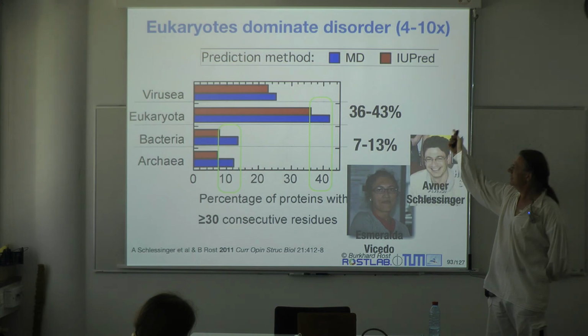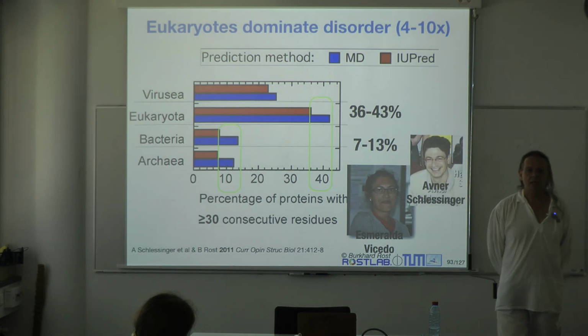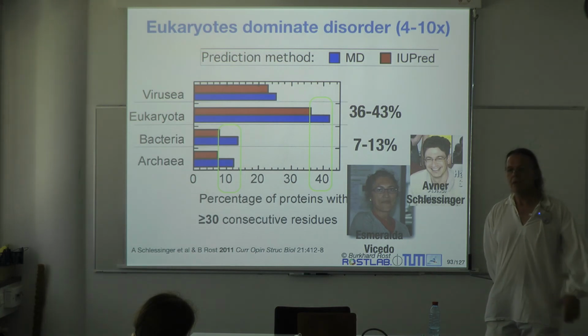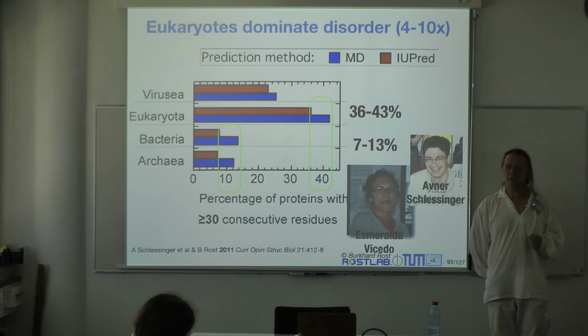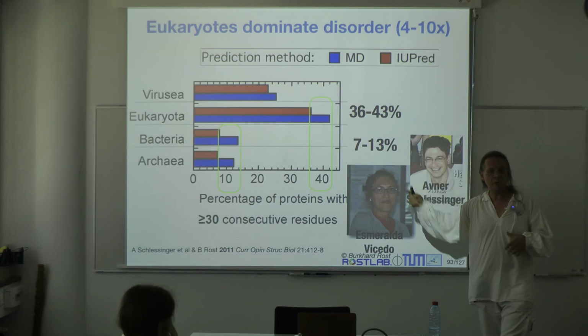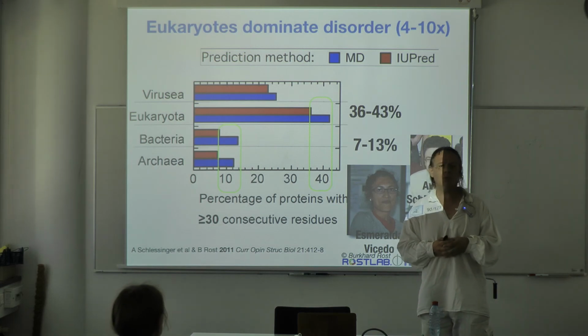So between 36 and 43% in eukaryotes, and between 7 and 13% in bacteria. So bacteria, prokaryotes, have much less disorder than eukaryotes. And that is one of the reasons why people argue this is one of the elements for creating complexity.